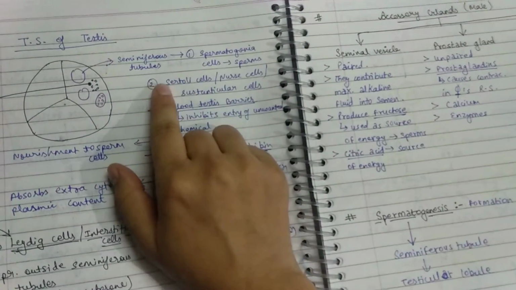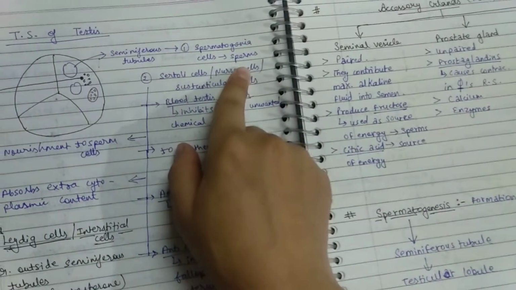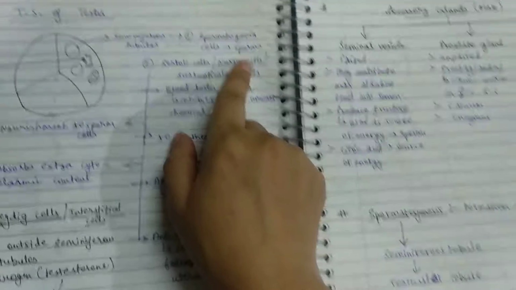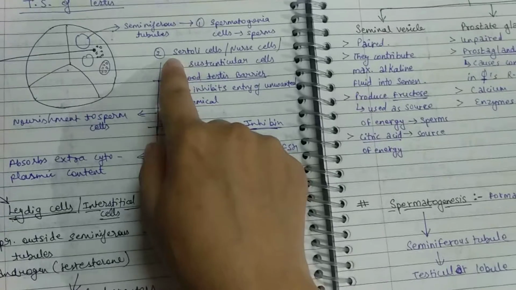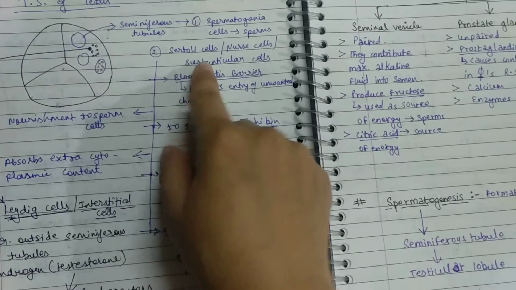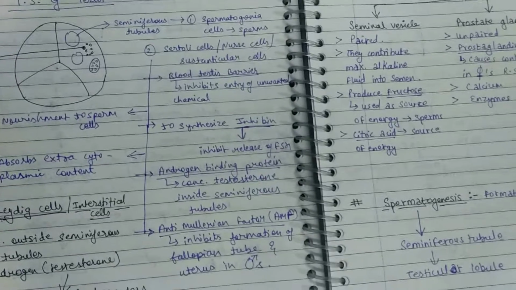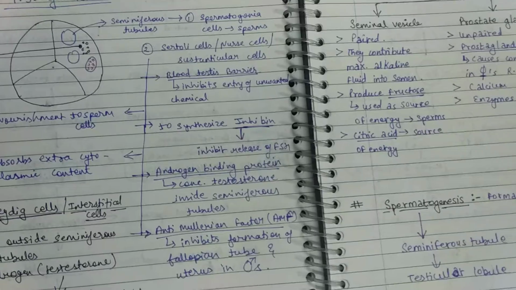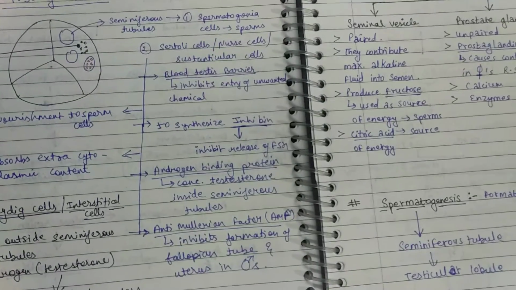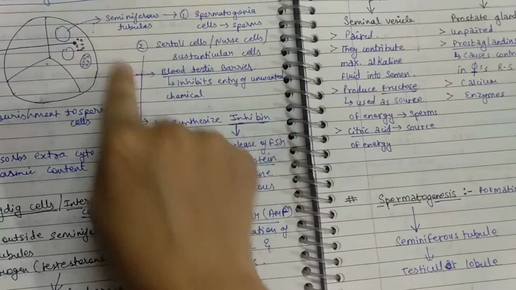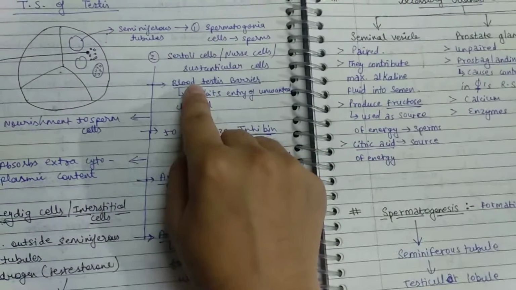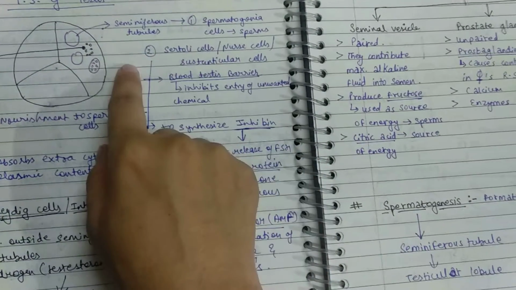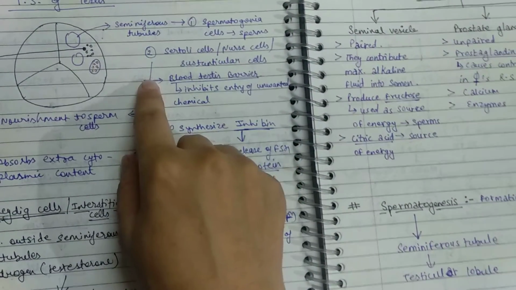Inside the seminiferous tubules, we know that spermatogonia cells are formed, that is the sperms. Then we will discuss the Sertoli cells, which are also called nurse cells and sustentacular cells. Remember these names. Now we'll discuss its functions.